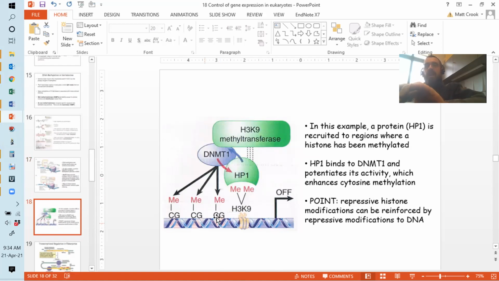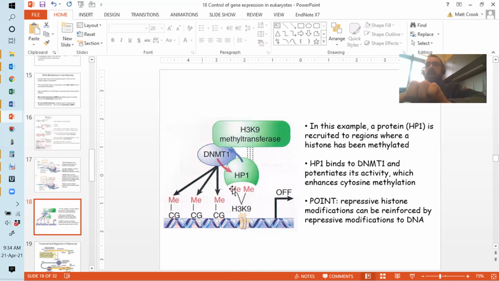And so here we have histones bound to DNA. Again, here's the code that we're talking about. So this is talking about histone 3 and the lysine 9 residue, right? So there's a bunch of lysines in these tails.